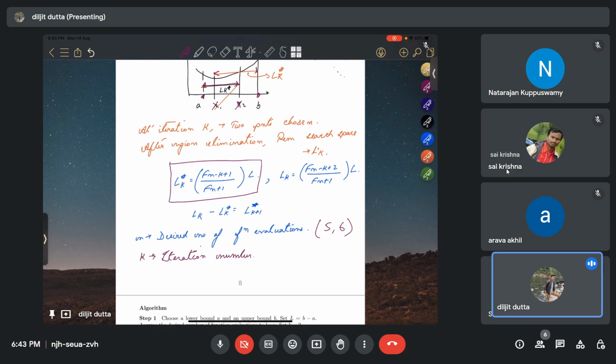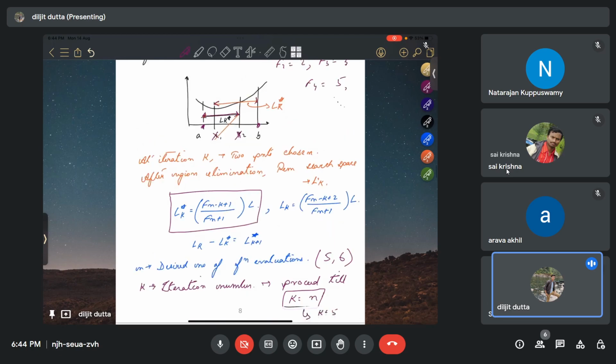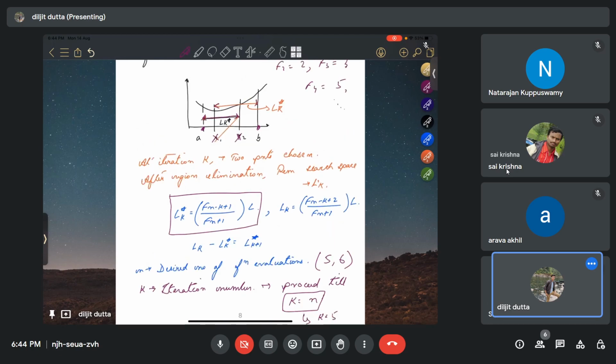In the second iteration, k is equal to 2. Third iteration, k is equal to 3, like that. We will proceed till k is equal to n. Suppose we have set n equal to 5, we will proceed till k is equal to 5. We will do 5 evaluations, and at the 5th evaluation we will stop the iteration and say that this is the optimal solution.